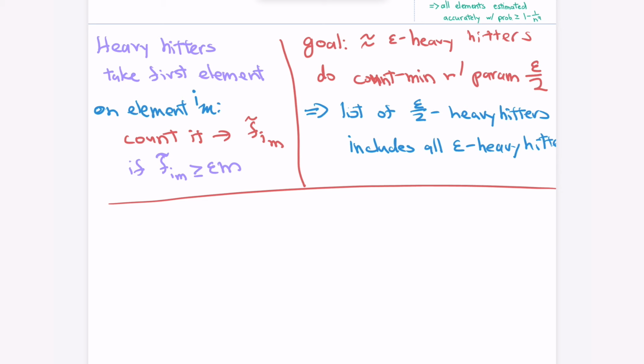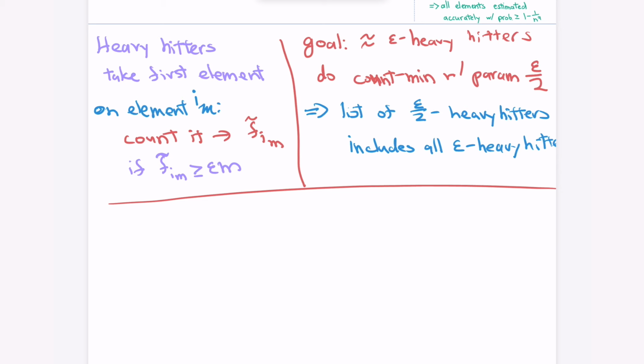Okay. Now, our data structure is off by epsilon over 2, and it'll take anything that looks like it's at least epsilon. So we'll only take elements whose true frequencies are at least epsilon minus epsilon over 2, which is epsilon over 2. Okay.